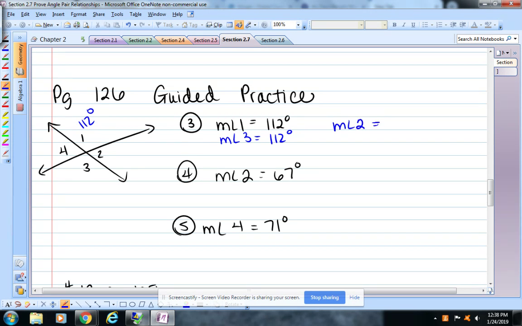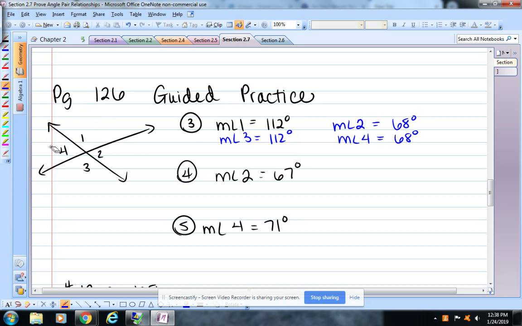So I can say 180 degrees minus 112 degrees. So the measure of angle 2 will be 68 degrees. And since that one is a vertical angle to angle 4, it would also be 68 degrees as well. So 2 and 4 are vertical angles. They should have the same measure. 1 and 3 are vertical angles, so they should have the same measure.